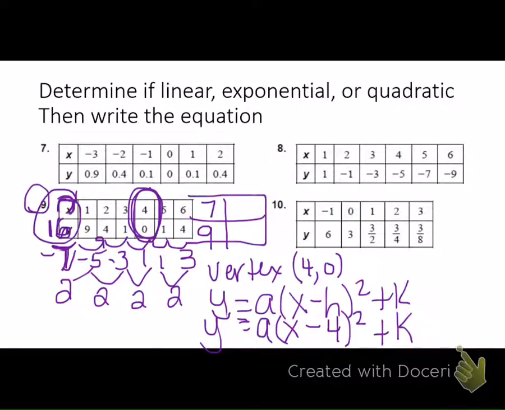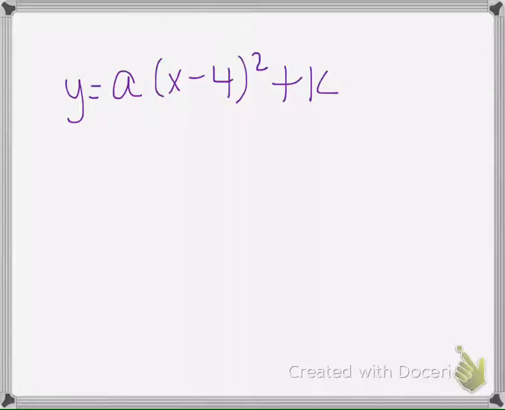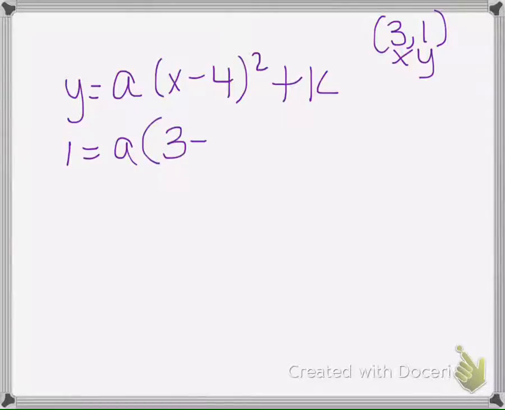So I'm going to have to get another sheet of paper here. I don't understand what's going on. Okay. So do you understand why? Okay, so we're going to put in 3, 1, a point off of the table. Let's put 1 in for the y, and we're going to put 3 in for the x.